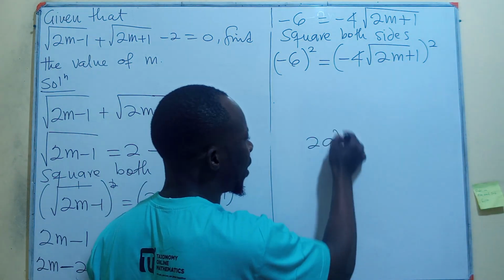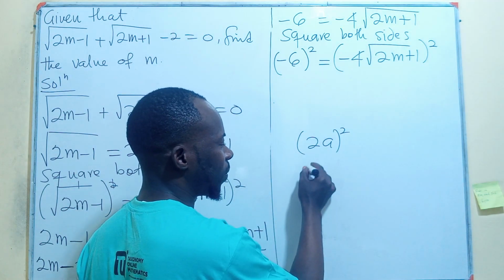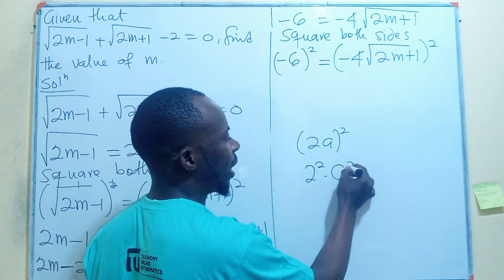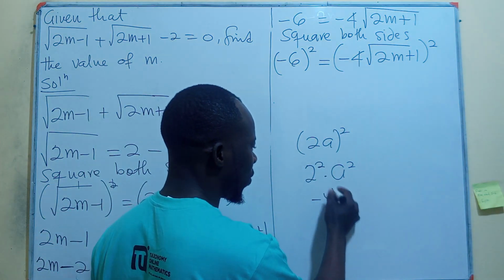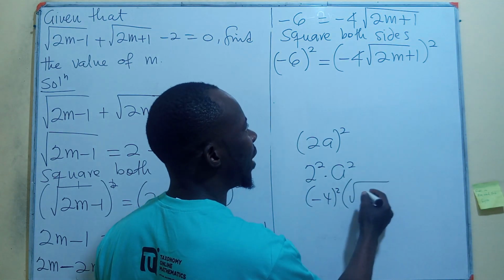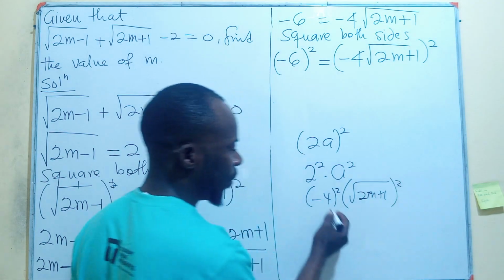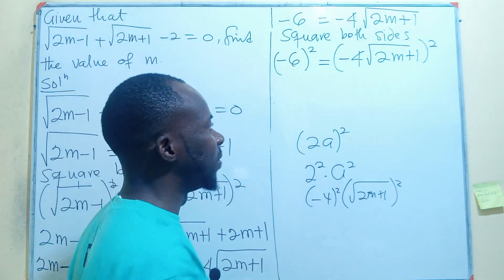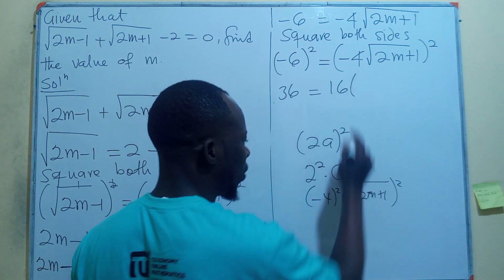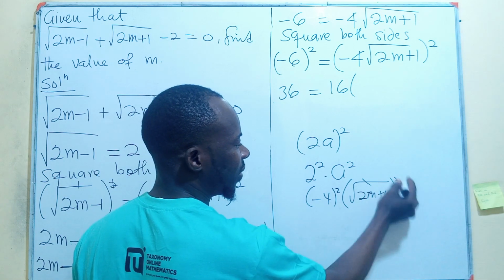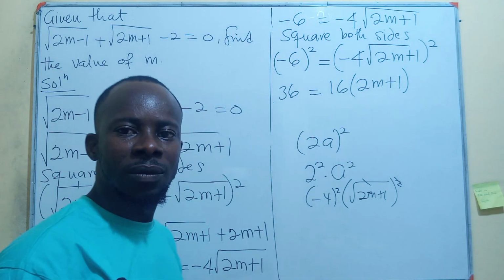Just like 2a all to the power 2, which simply means you square the first times square the last, or the second term. So we are squaring the negative 4, then we are squaring the root of 2m plus 1 as well. If you square negative 4, you get 16. So here will be 36 equals 16. Multiplying this will cancel the root, giving rise to 2m plus 1. Do we get that?